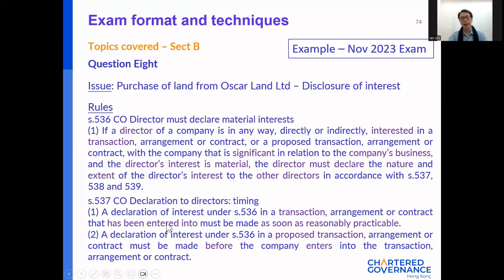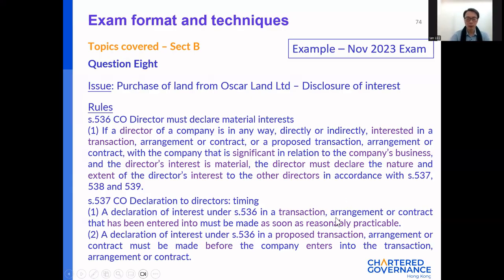If you're negotiating and about to sign a contract for the company, and it turns out one of the directors has an interest in the transaction, of course the director should inform the board as soon as reasonably practicable. And generally it should be before the company enters into the transaction, because once you enter into the transaction, that means you already signed and concluded, and the contract is binding.